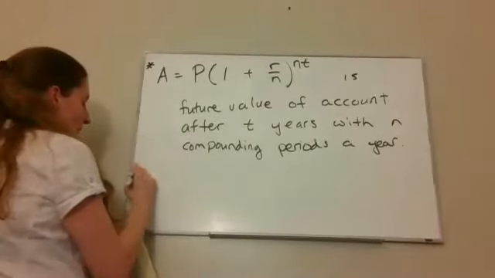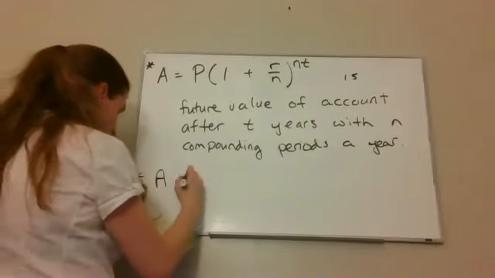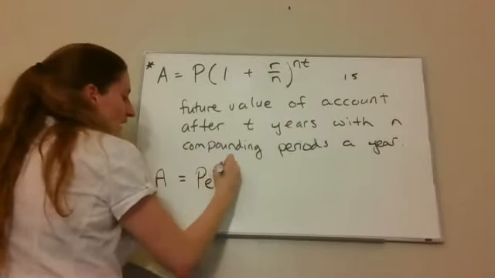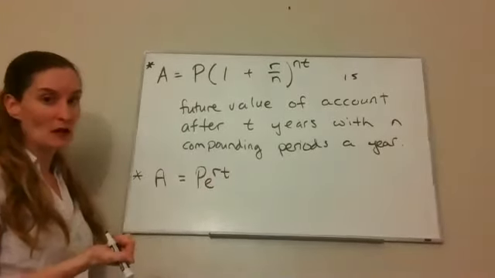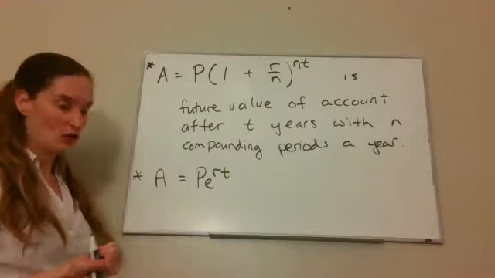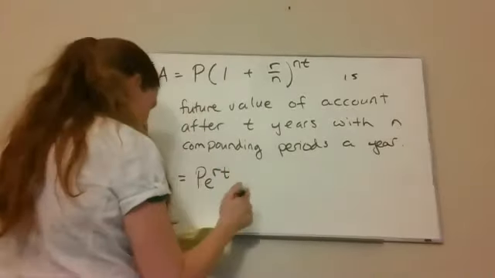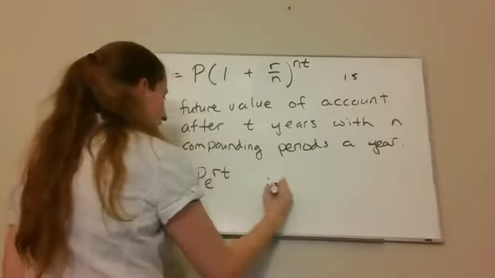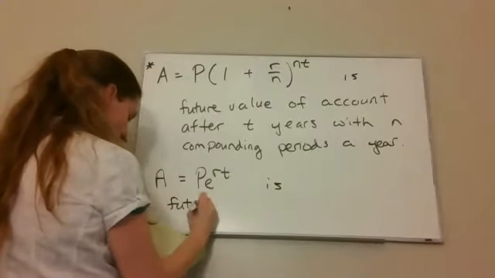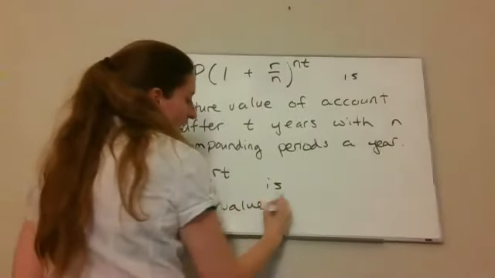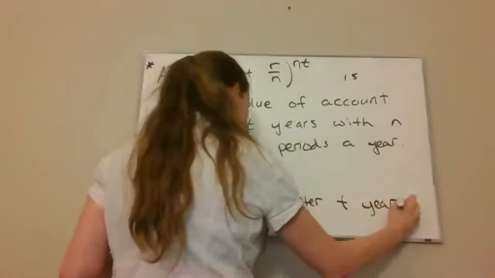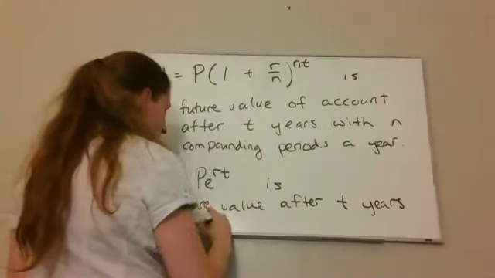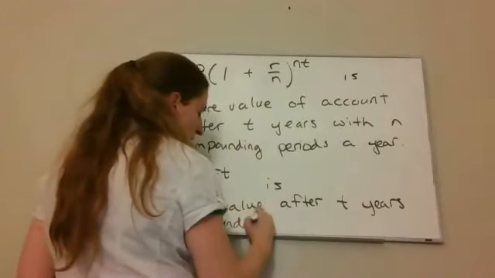Our other formula is A equals P times e to the RT. This e is that same e we just talked about, our natural exponential function. This is the future value after T years when it's compounded continuously.